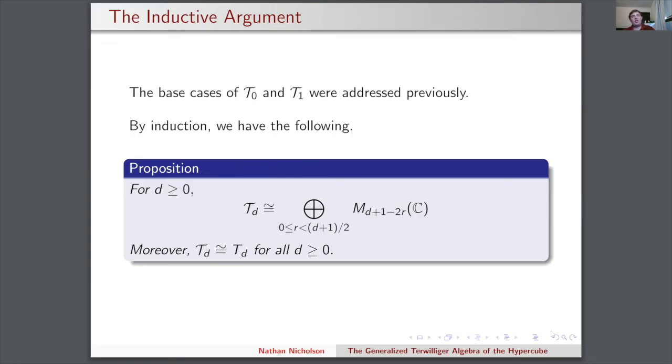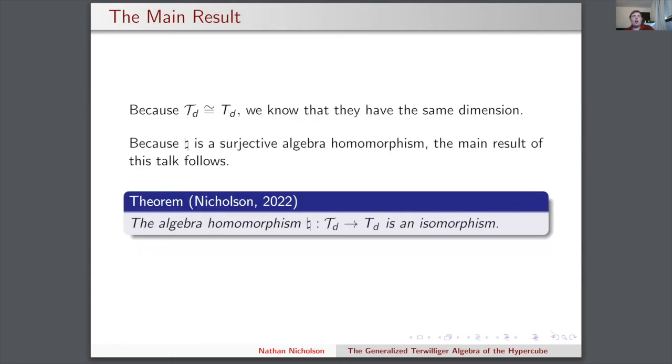Moreover, the generalized T algebra and the concrete T algebra are isomorphic. And so again, because we now have a surjective algebra homomorphism between 2 finite dimensional C algebras, we can immediately say that natural is an isomorphism.